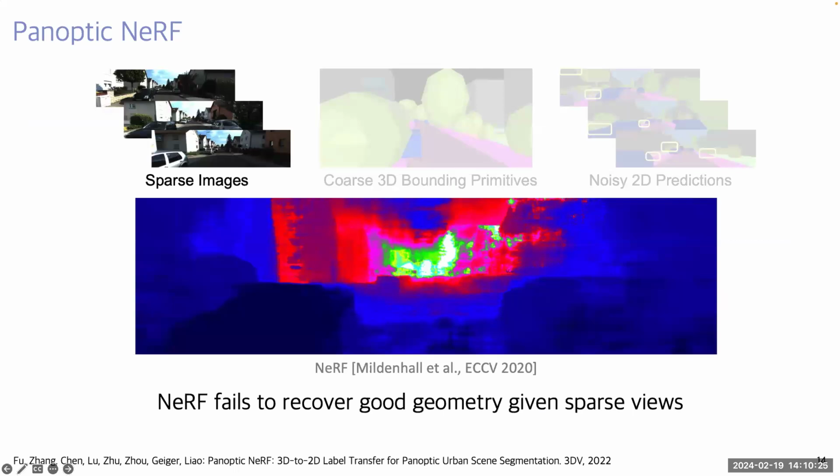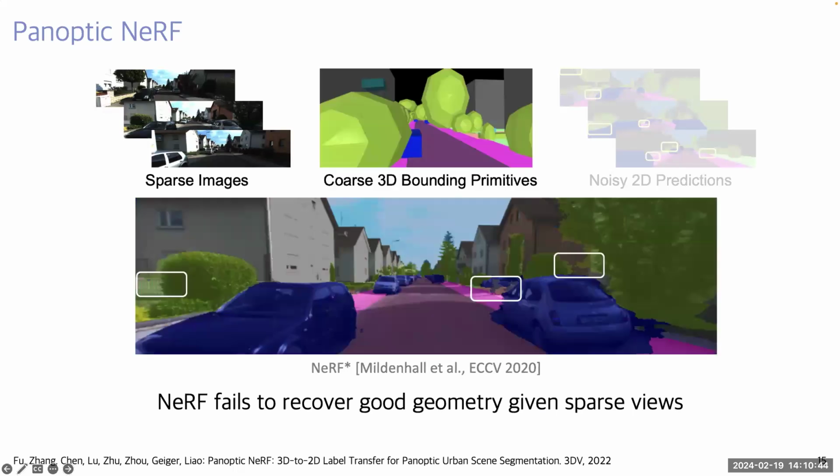Actually, it's not trivial to obtain very good results, even given this information. One reason is that NeRF fails to recover good geometry given sparse street view images. This is the depth map rendered by NeRF, and we can see many artifacts. If you simply apply the semantics based on the coarse 3D bounding primitives, you will have artifacts because of the poor geometry.